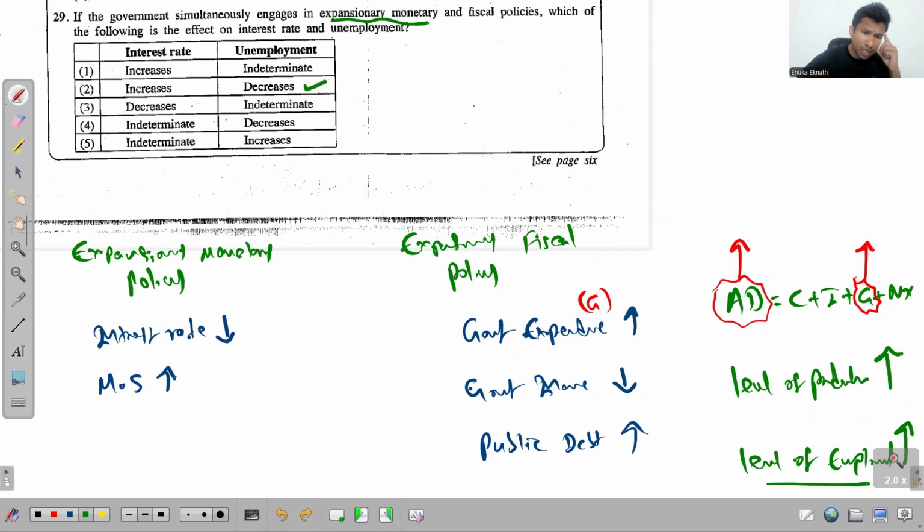So the answer has to be either this or this. If the monetary policy is expansionary in nature, the interest rate should definitely decrease, if you just take this independently. Expansionary monetary policy, if you just take it independently, yes, the interest rate should definitely decrease.